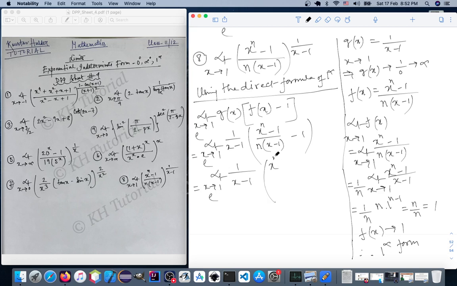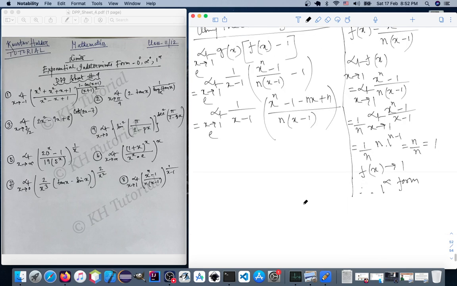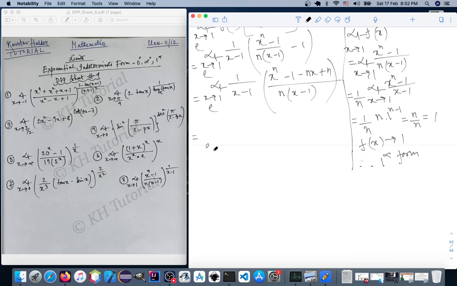This is x to the power n minus 1 minus nx plus n divided by n. This is limit x tends to 1.